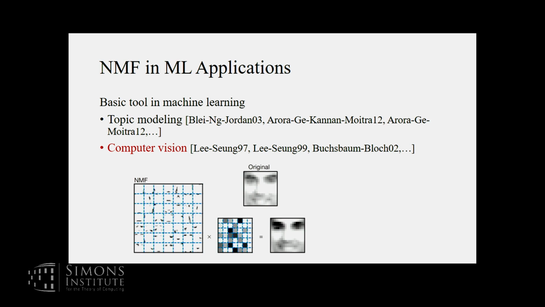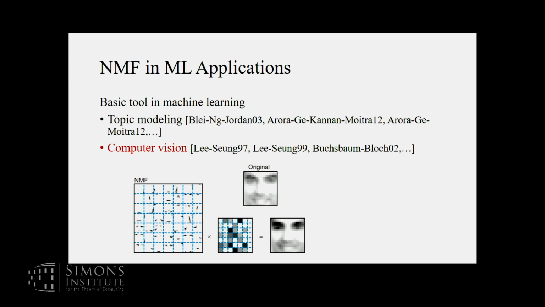Each small square is actually an image of the same size as the original face image, but we shrink it to save space. Then by a non-negative linear mixture of these pattern images, you can recover the face image. By piecing them up, you can get this face image.